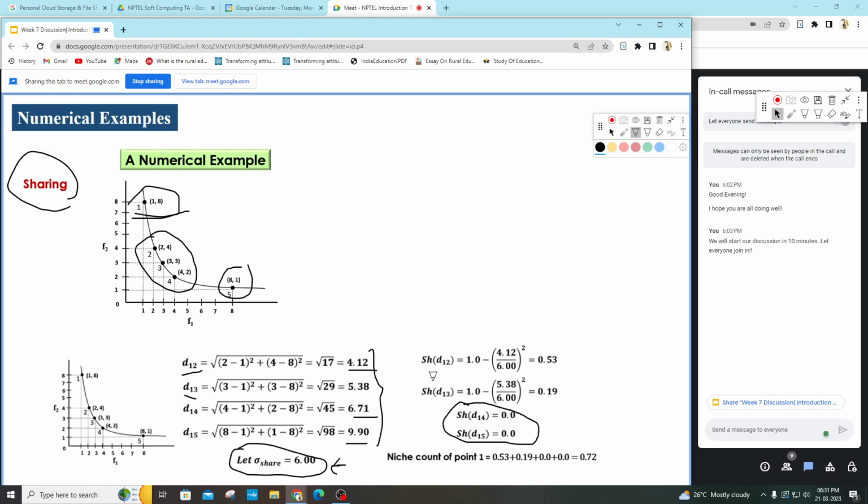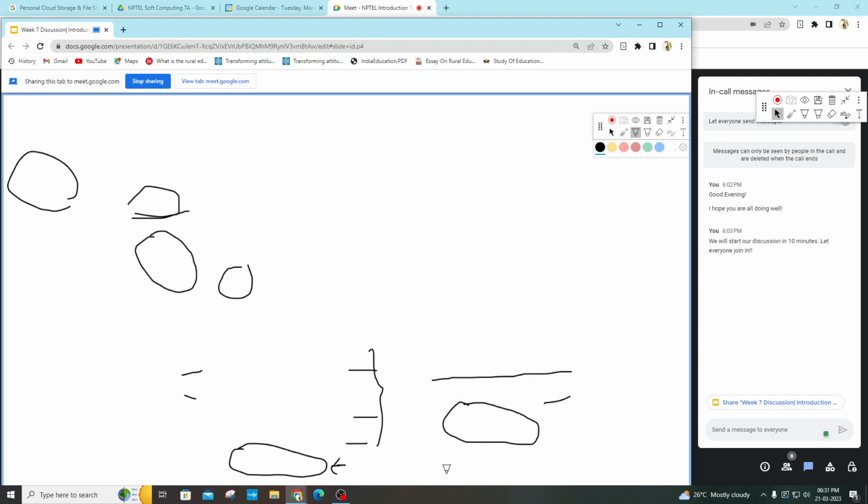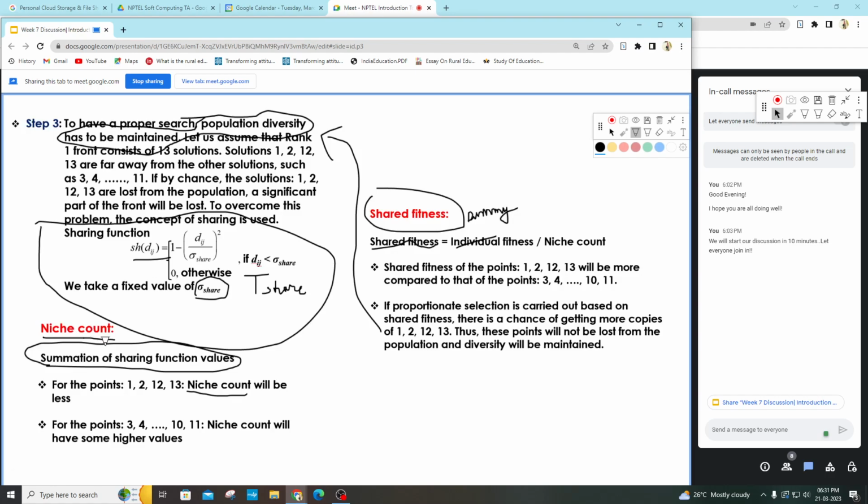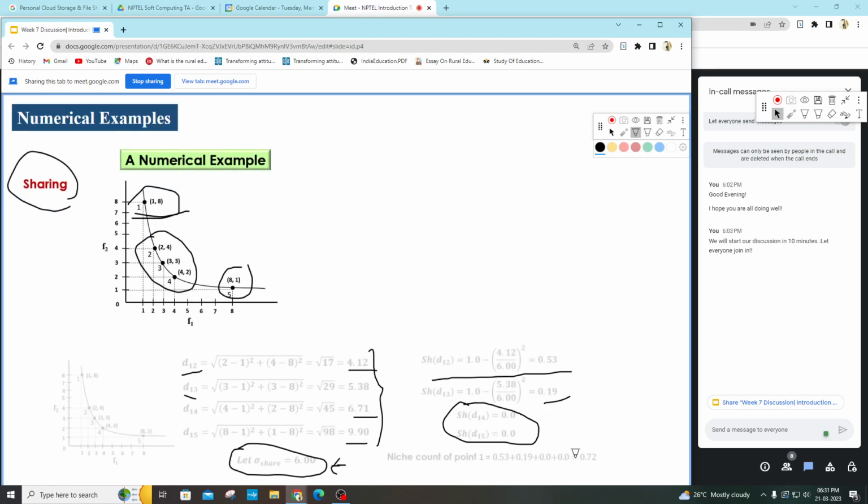So you will apply this formula to find the sharing function, that is 1 minus (dij divided by sigma share) whole square. In this you get the sharing function of D12 as 0.53 and of D13 as 0.19. And I have told you that niche count is the summation of sharing function values for a particular point. So we will find out the niche count.